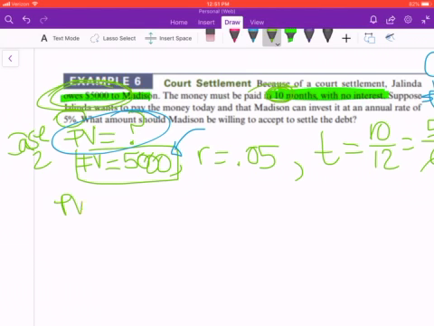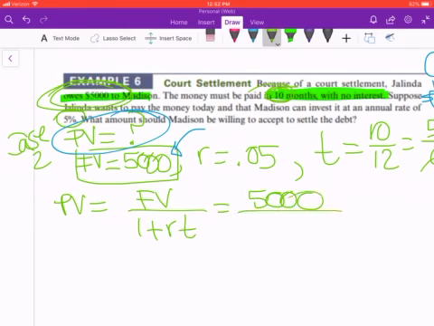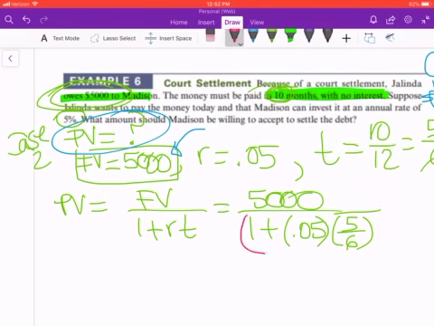So present value, we have future value divided by 1 plus RT. And so if we substitute, we have here, we want that money to grow to 5,000, divided by 1 plus 0.05 times 5 over 6. And remember, when you enter this on your calculator, the denominator must be enclosed in parentheses.